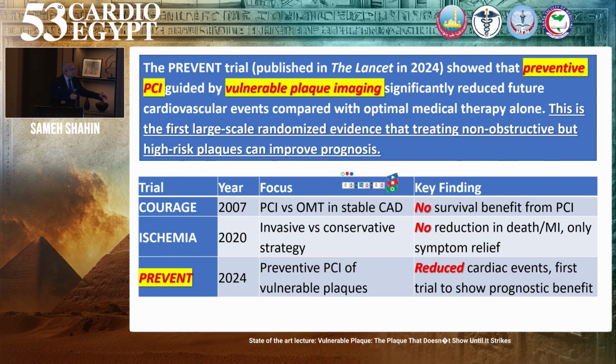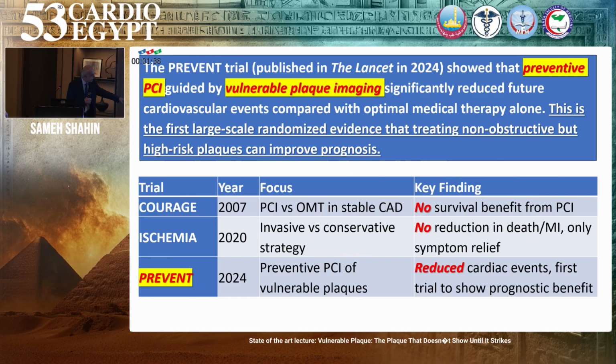So the PREVENT trial is the first to apply this preventive concept. This is a new concept: when we diagnose, of course this is important, the vulnerable plaque, and then we put a stent, a drug-eluting stent, we can reduce cardiac events by this sort of preventive trial.